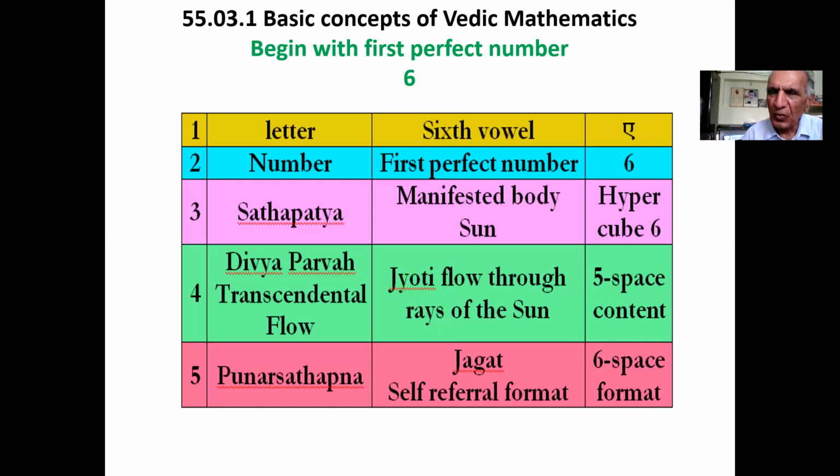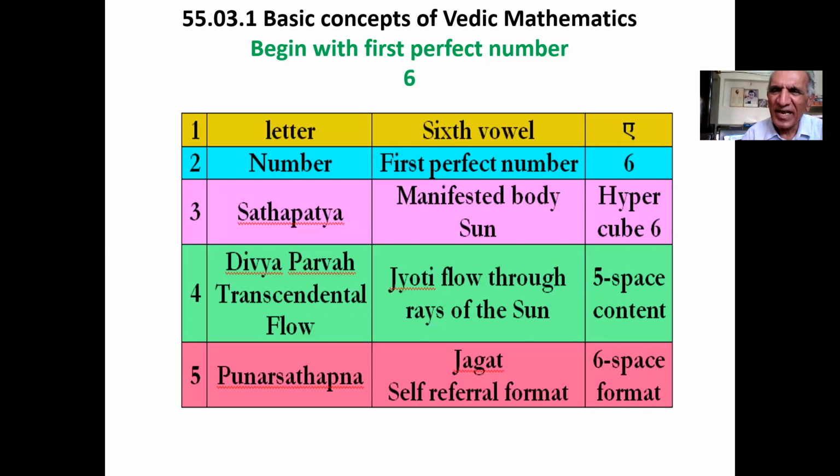The Jyoti flow through rays of the sun is the physical manifestation phase and stage, and it means that five space content flows within rays of the sun along the Sthapatya format. Let us have a pause here. We had begun with the Varna Samamnai letters, reached Ank Samamnai numbers.